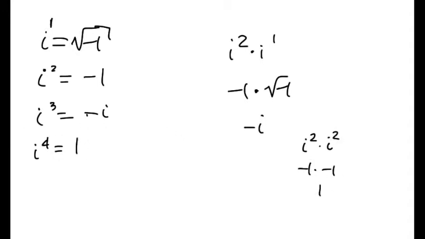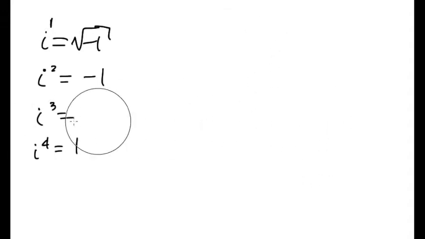So i to the fourth is actually 1. It's an actual ordinary number, which is cool. So what's i to the fifth? Well, i to the fifth is just 1 times i. So i to the fifth is i.